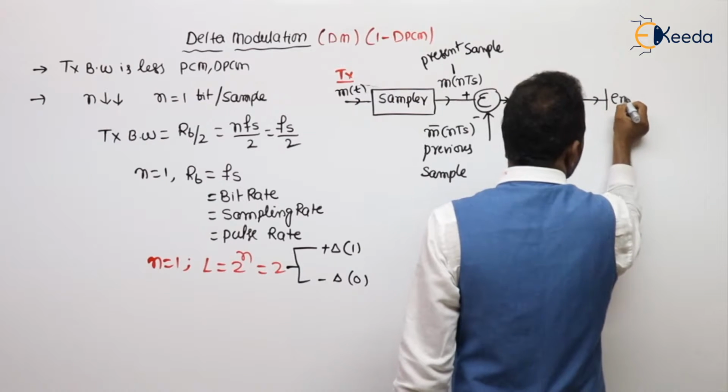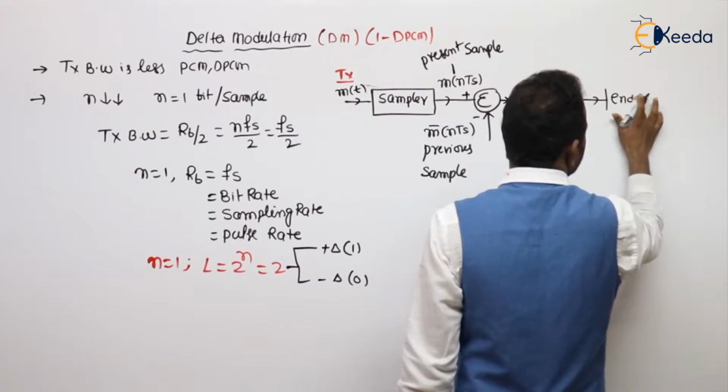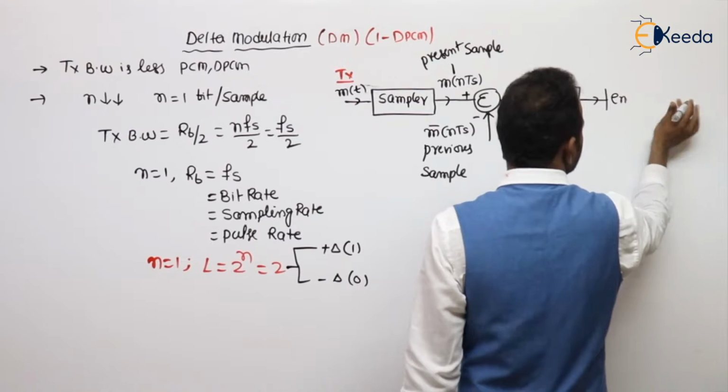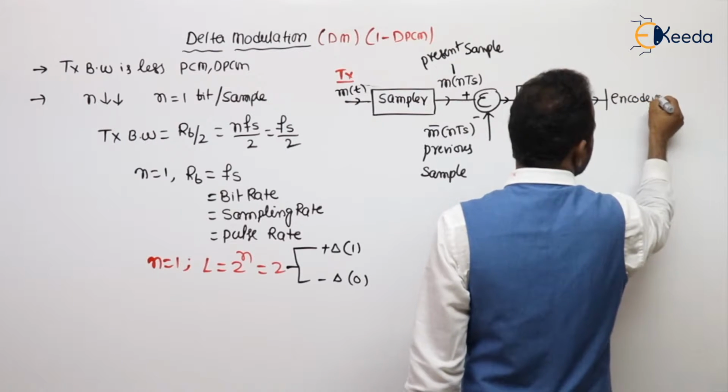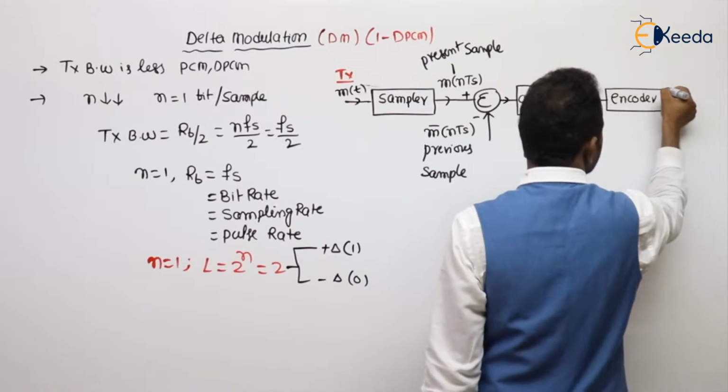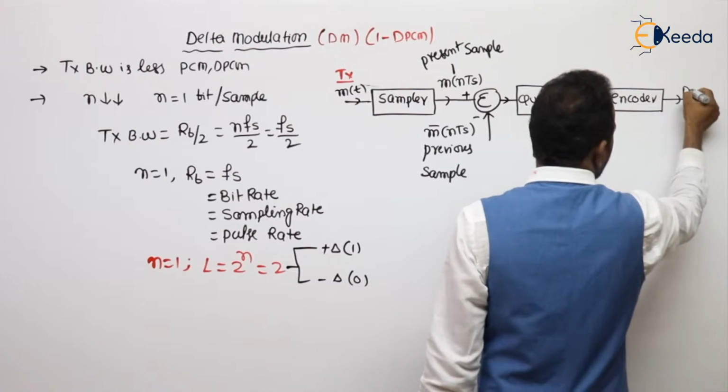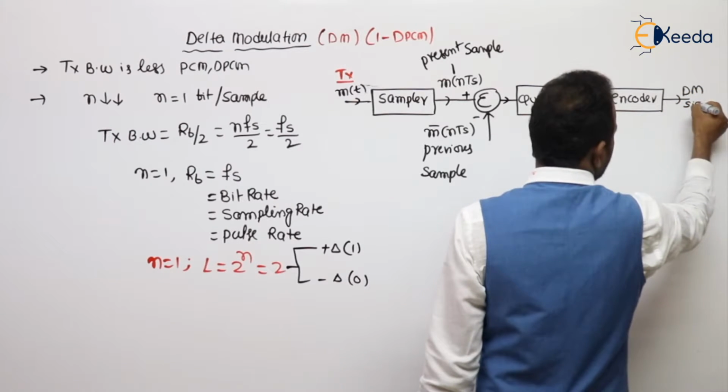That is going to be given to the encoder. Output is the DM signal.